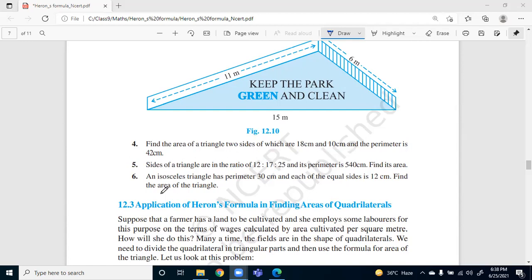Ma'am, fourth question. Ma'am, only two sides are given, so we will do 42 minus the bracket 18 plus 10, which is 14.